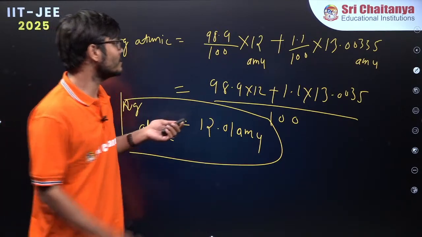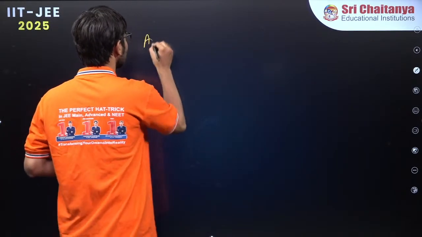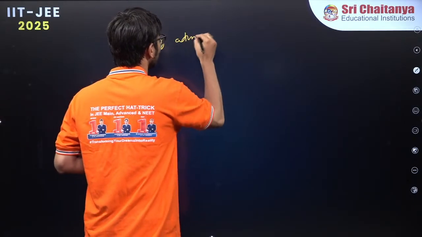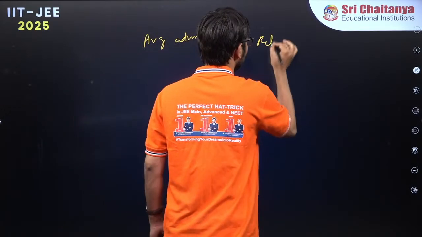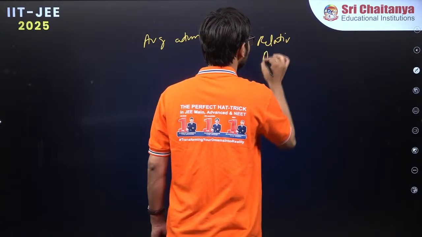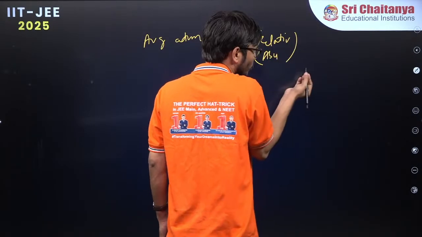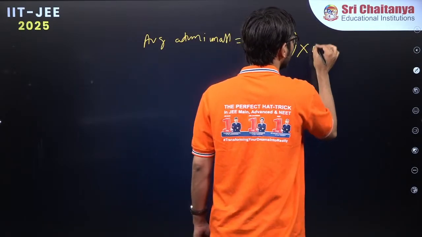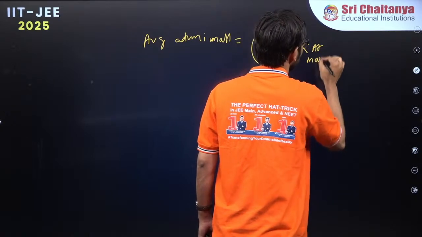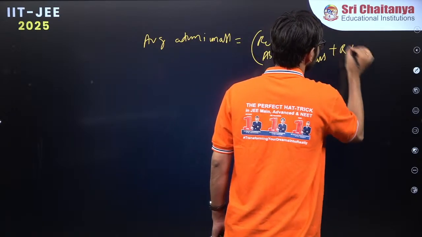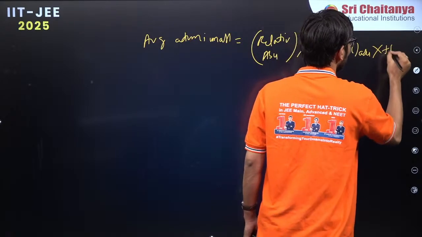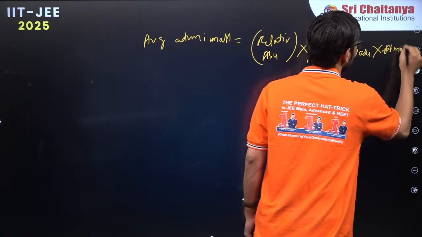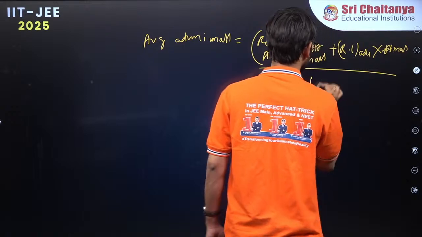Average atomic mass is equal to the relative abundance of one isotope times its atomic mass, plus the relative abundance of another isotope times its atomic mass, divided by 100.